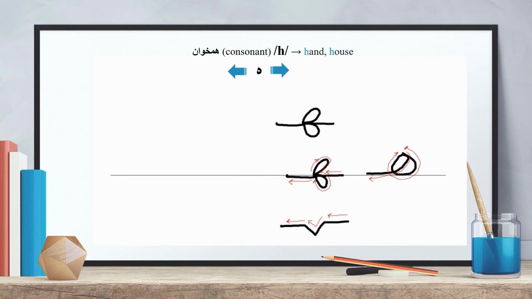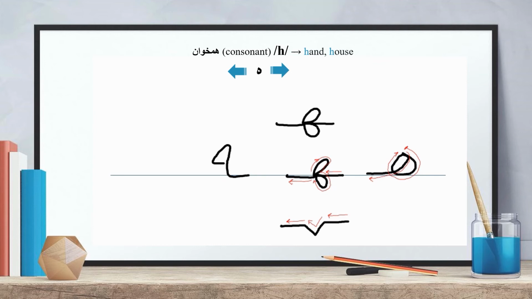Then we have the third version of he. We use it when he comes at the end of a word and it is connected to the previous letter. So we make the line, then we go upward and like this. Yes, exactly. We write he in this shape exactly like e, the vowel e, when it is at the end of a word.